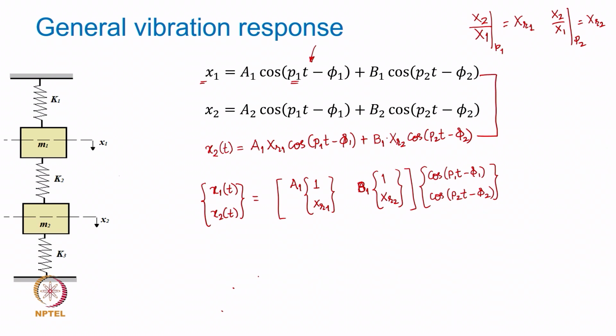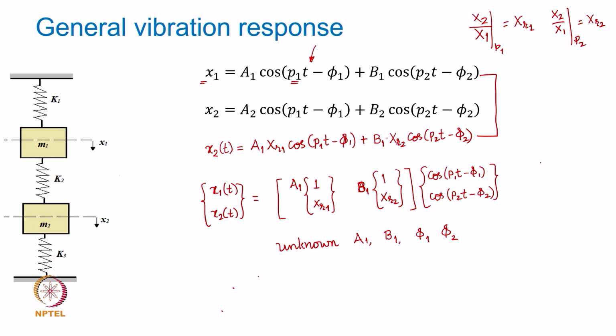Now, what are the unknowns here? The unknowns are A1, B1, phi 1 and phi 2, because P1 and P2 are known, because you know the system parameters or the vibratory system parameters like K, M and all. So, P1, P2 are known.